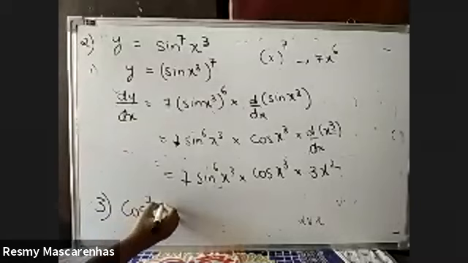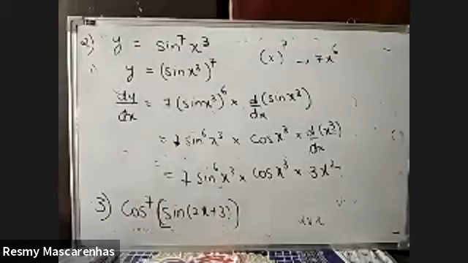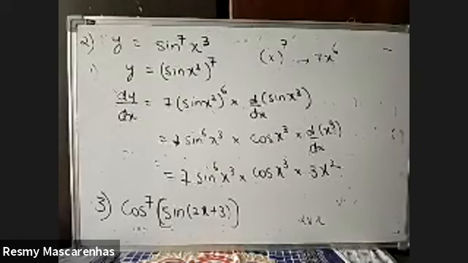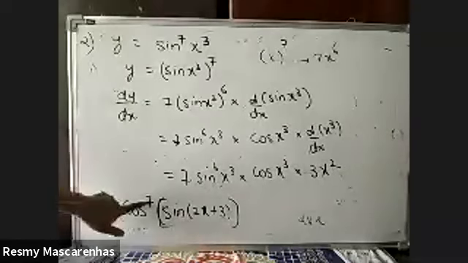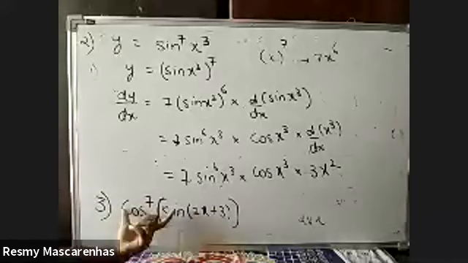Cos raised to 7 of sine of 2x plus 3. So this will be the biggest power. Okay, so it is like cos of the whole thing raised to 7.